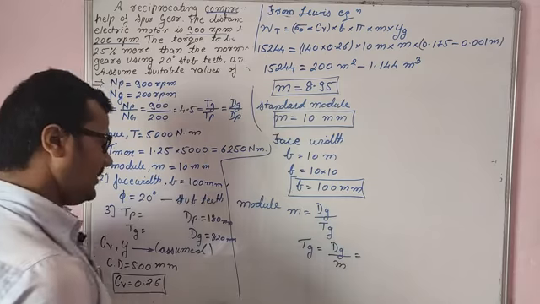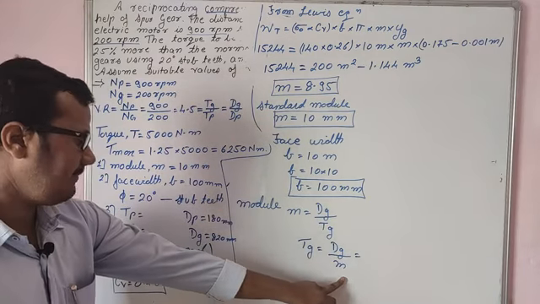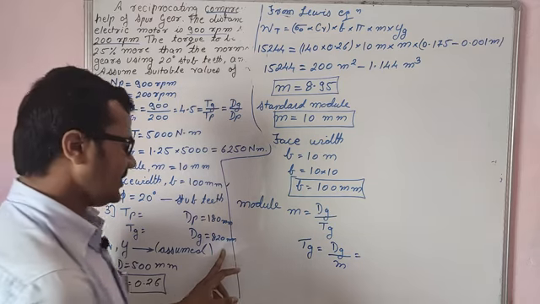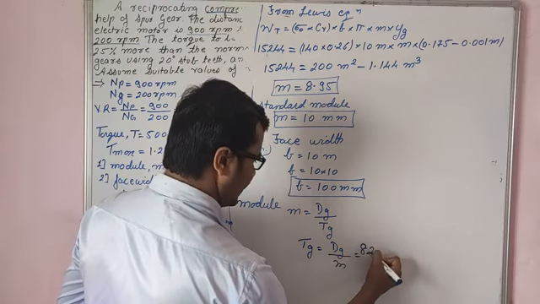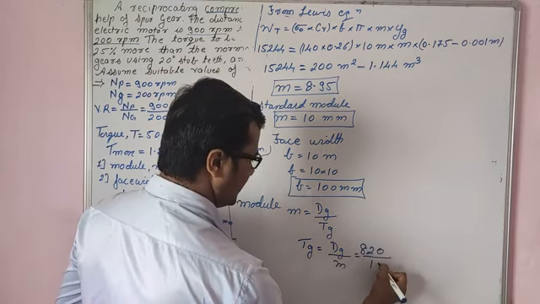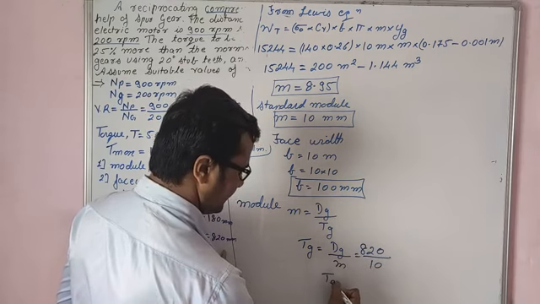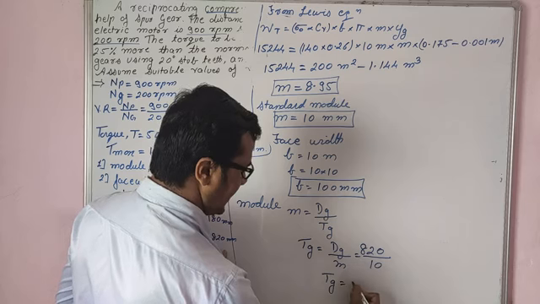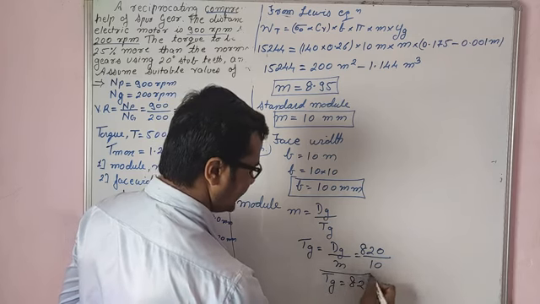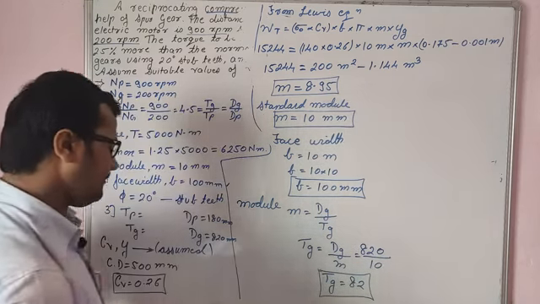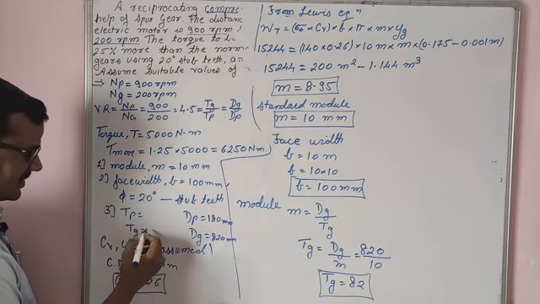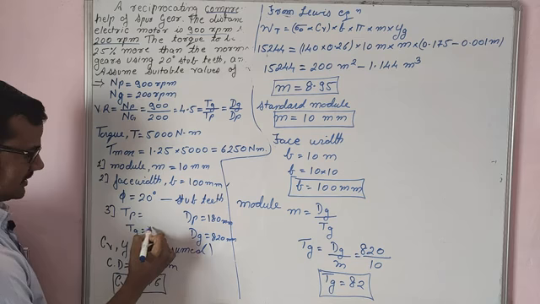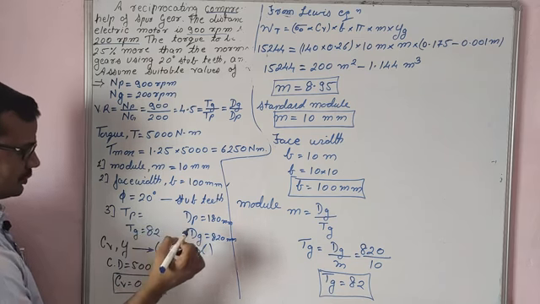Since module is in mm, the number of teeth on gear will be 820 mm upon module 10. So can I say that the number of teeth on gear is 82? There are 82 teeth on the gear.